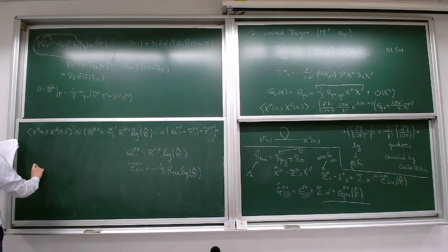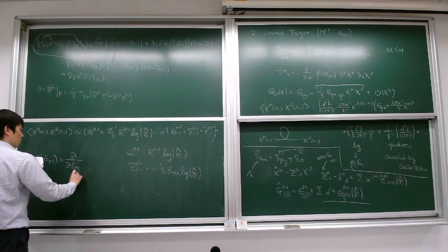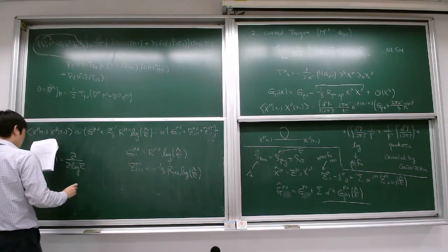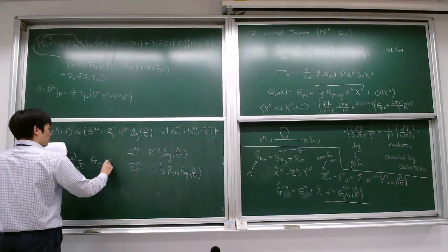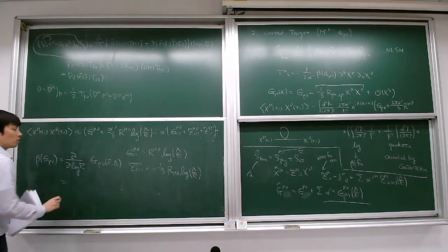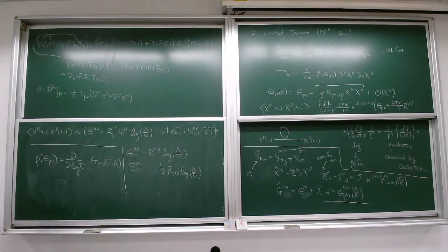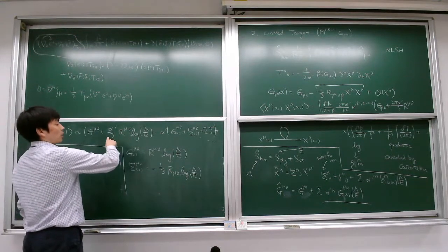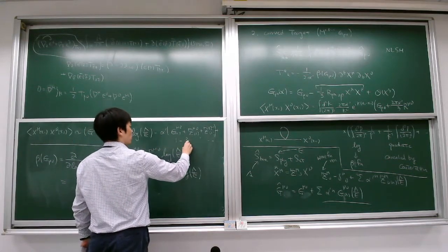beta function of G mu nu, which is the log derivative with respect to epsilon of G mu nu, epsilon lambda, is equal to... let me do the calculation. At the end of the day, if you plug into here, so this is 1 minus 2/3.